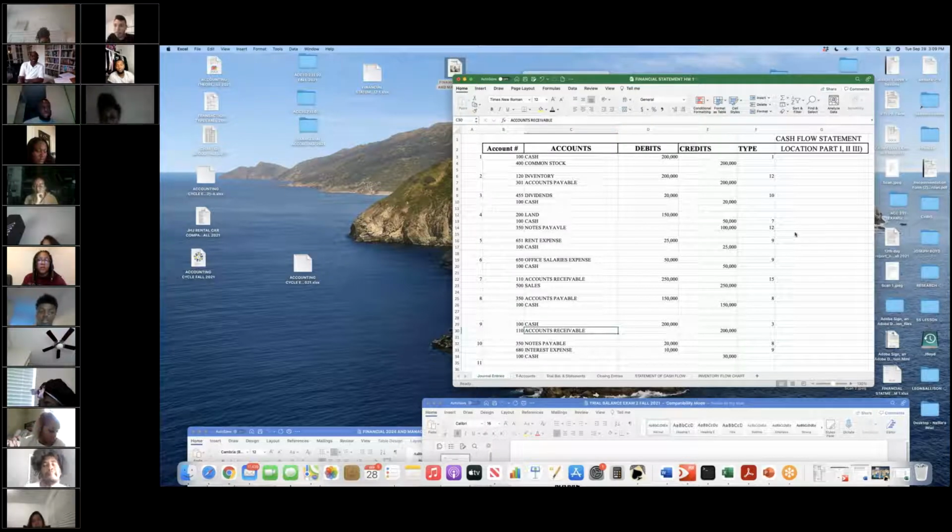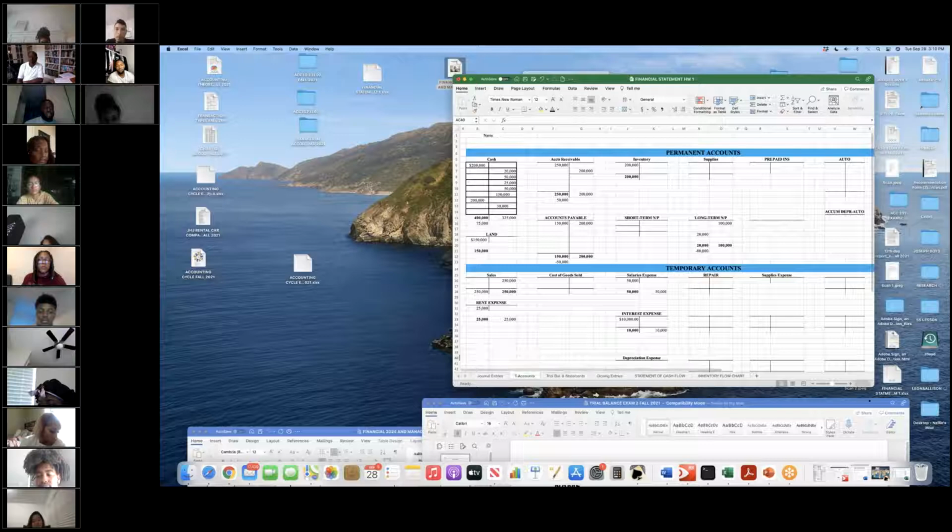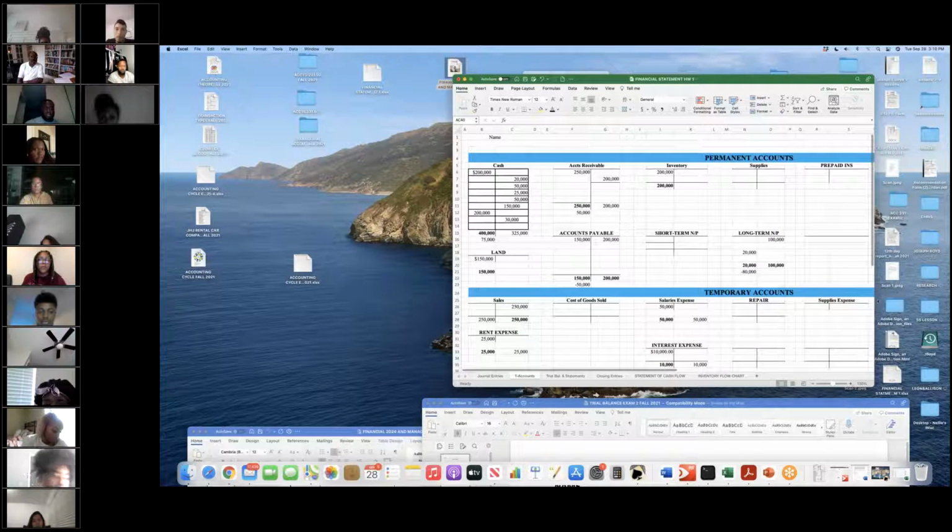Could you go to the T accounts real quick? Okay, let's go to these T accounts. Is there any particular T account? Well, the most important T account is cash. It has the most activity in it.